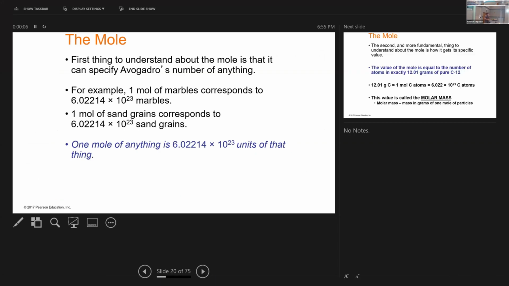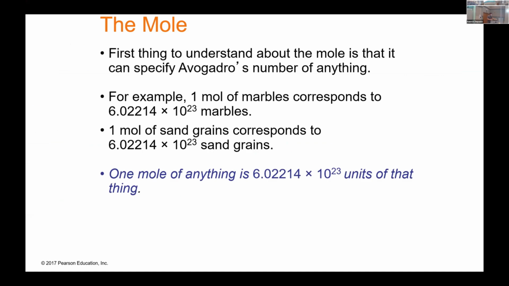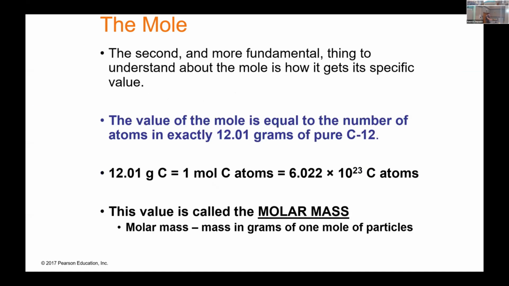All right, so the mole, we know what it is already. Now, the value of the mole, how they got it, is they use carbon as the standard. Since we are carbon-based organisms, they used carbon-12 as the standard of the mole.